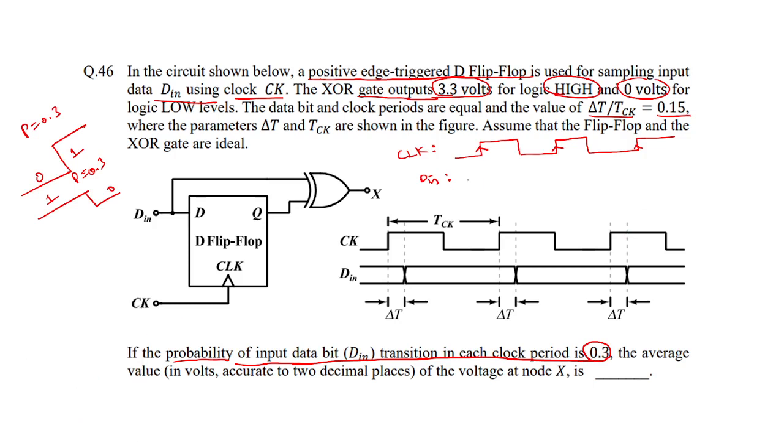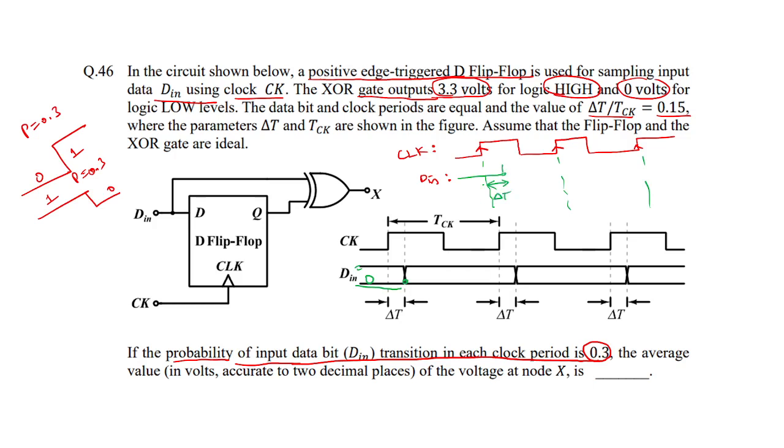Now let's assume D in equal to 0 first, then we will move on. This is the sensitive area here. You see here, after delta T there is a probability to change.